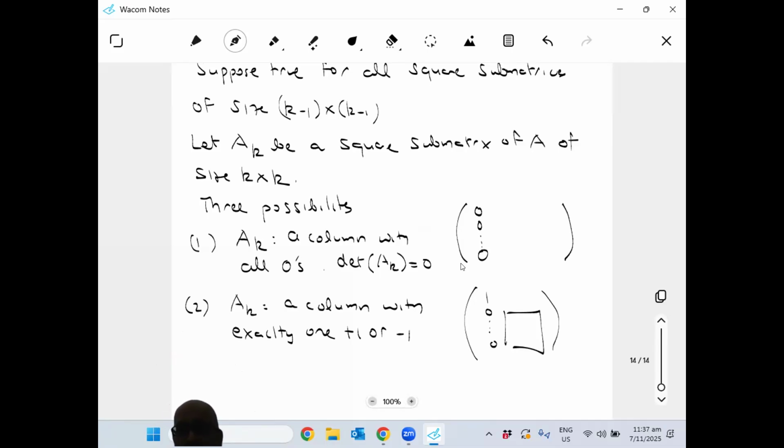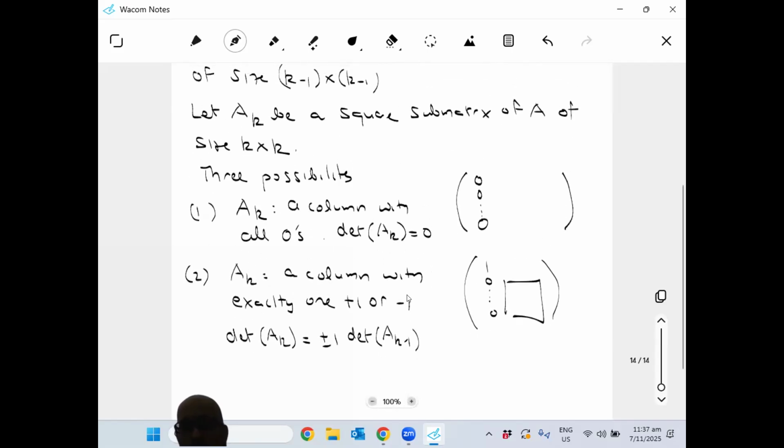So the determinant of AK will be plus or minus 1 times the determinant of a smaller k minus 1 by k minus 1 matrix. But this is already assumed by induction to be 0 or plus or minus 1. So this number has to be 0 or plus or minus 1, since I'm multiplying 0 or plus or minus 1 with plus or minus 1.